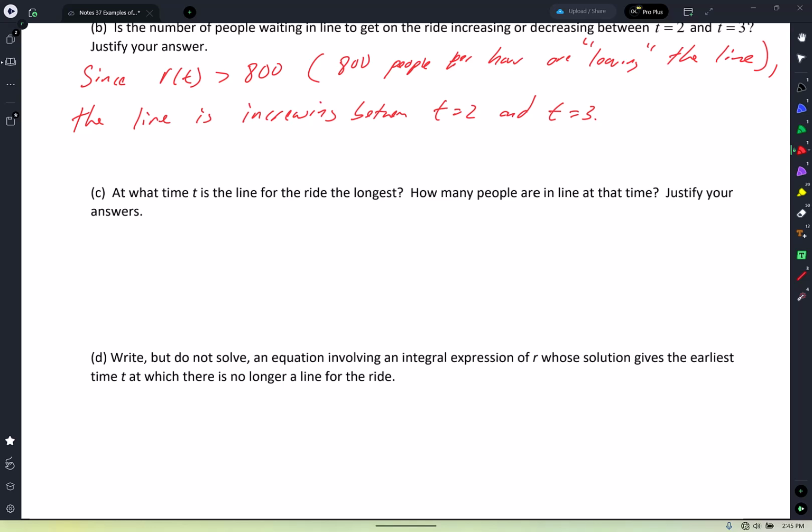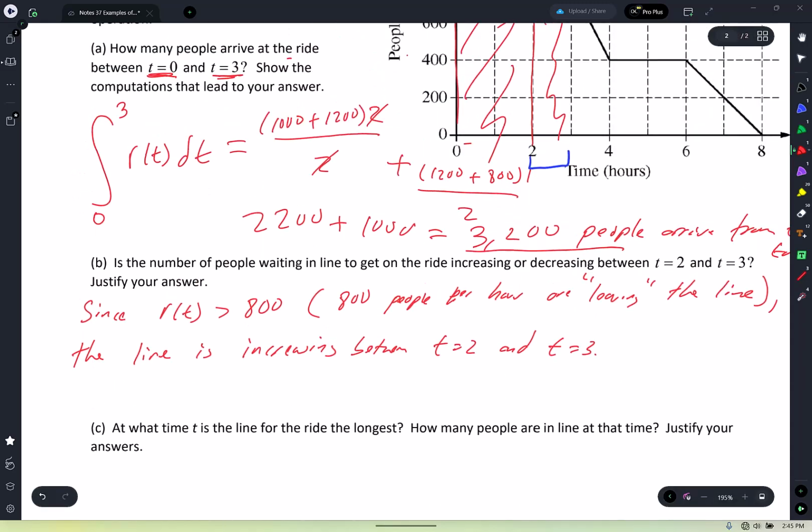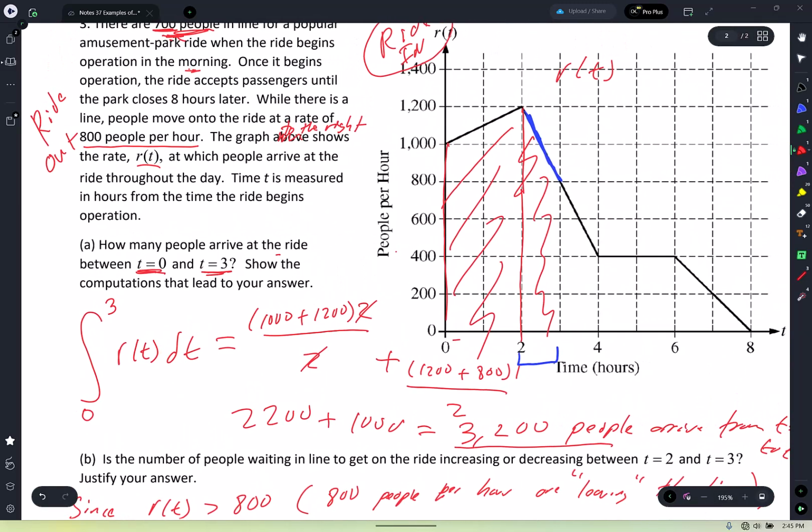All right, letter C. At what time t is the line for the ride the longest? Oh, that's kind of like what we were just talking about. How many people are in line at that time? Justify your answer. Okay. When is the line the longest? No, not at 2. Not at 8.